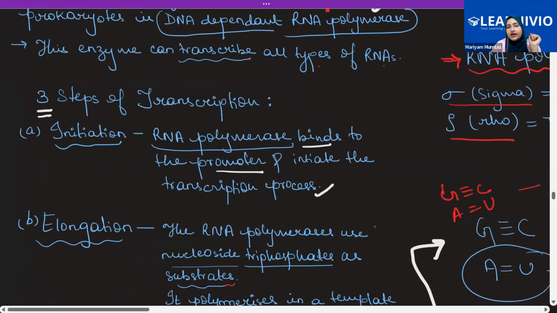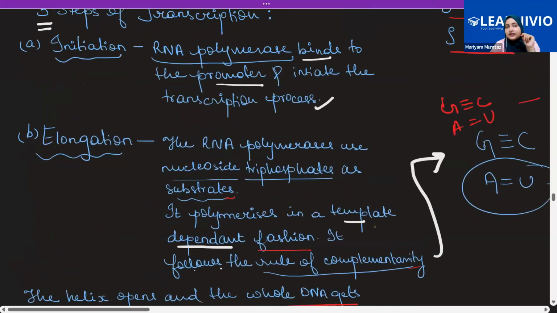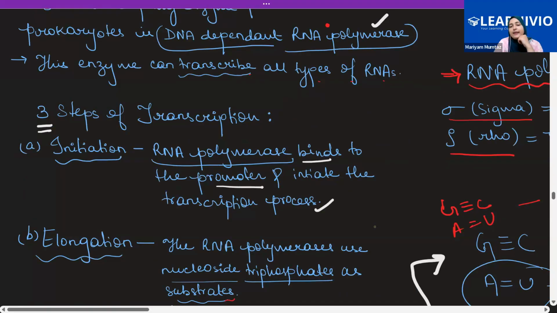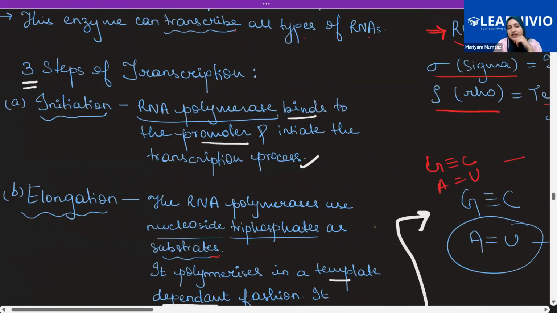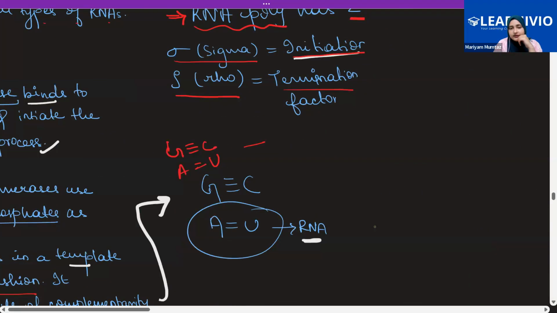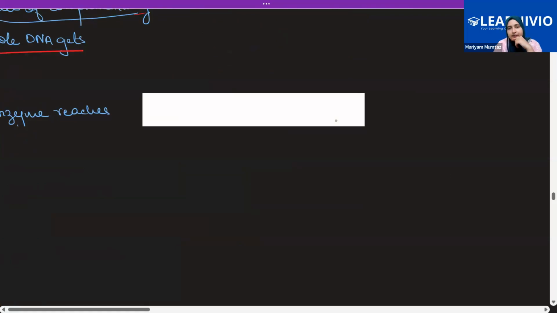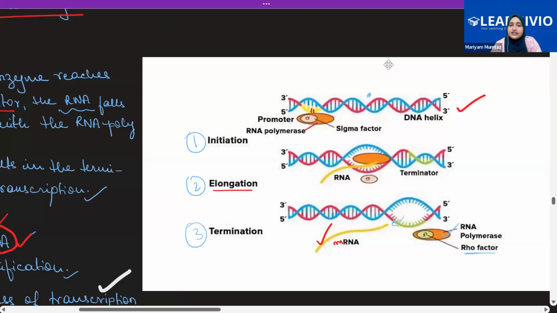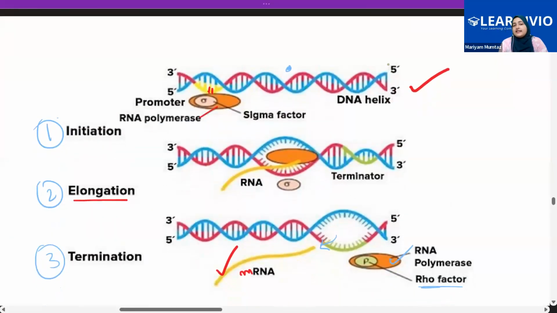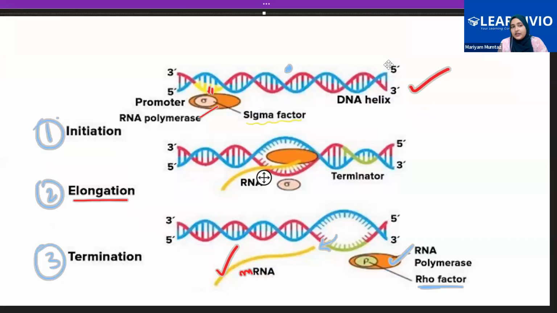Now, during transcription, there are 3 steps. What are the 3 steps? Initiation, second step is elongation, and then there is termination. Firstly, where is the picture? I'll show you the picture right now. During the initiation, first there is the initiation factor, which is called the sigma factor. This sigma factor comes and binds at the promoter area, and then it will begin the transcription.